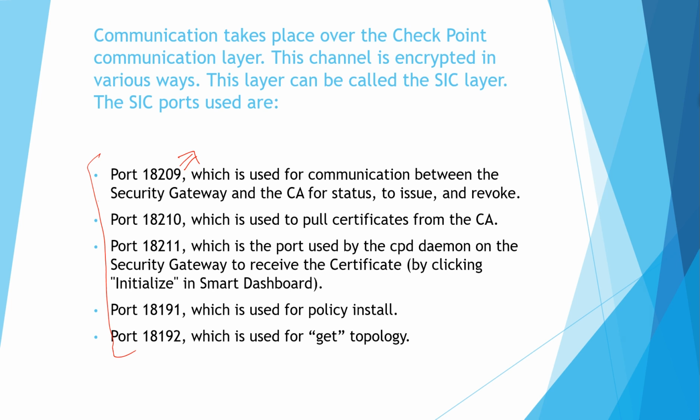I am going to explain a little bit here. 18209 is used for the authentication, CA, for certificate status, to issue and revoke, and 18210 is used to pull the certificate from the CA. The CA is basically inside the security management server. It's not a public domain.